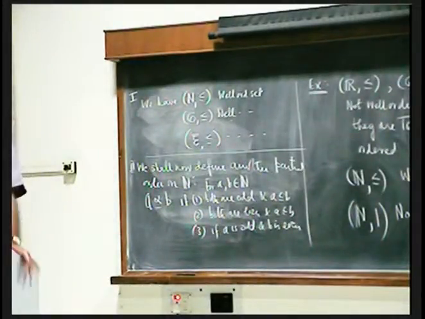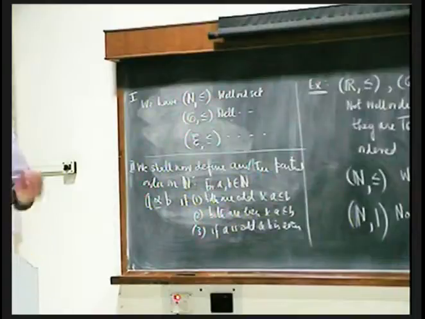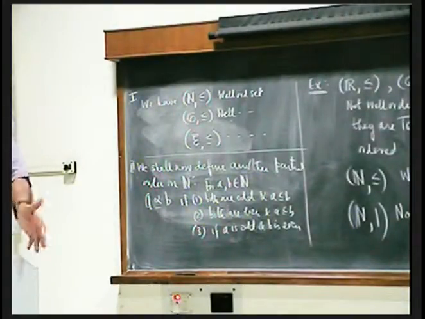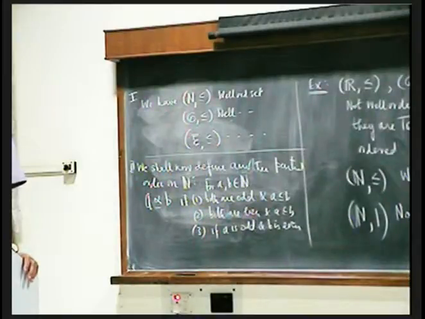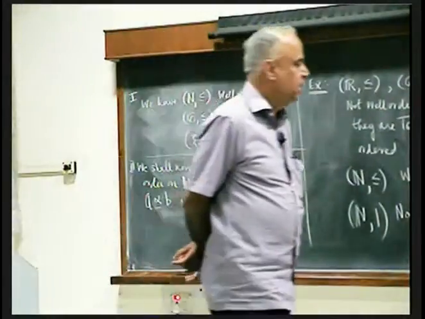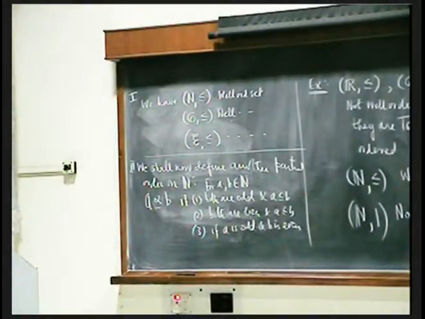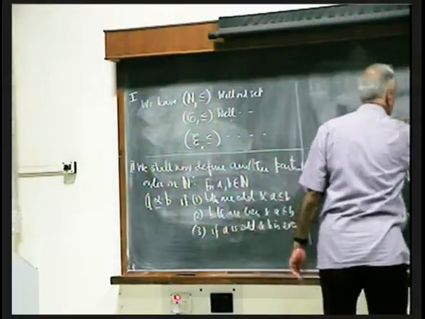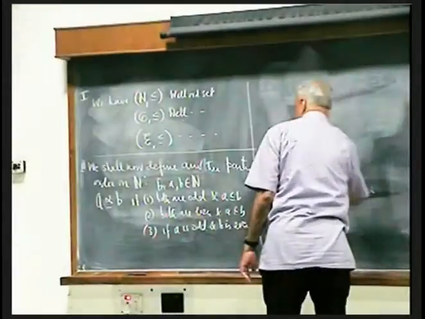Take any non-empty set. If it has an odd integer inside, then the smallest odd integer is the first element. If it has only even integers, then the smallest even integer is the first element. So every non-empty set has a least element.